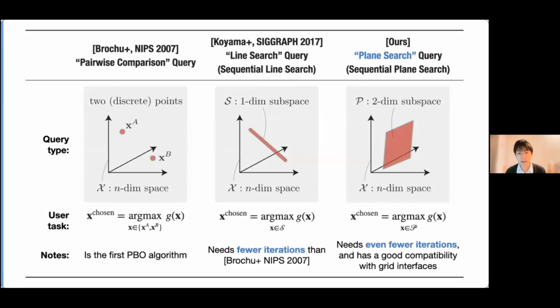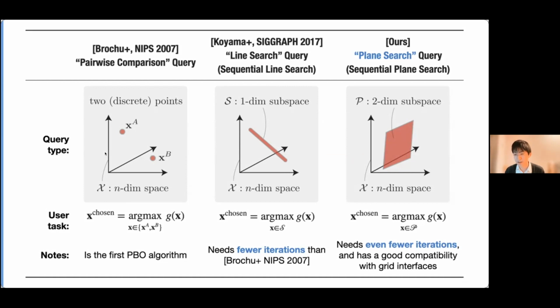In the previous work shown in the center of this slide, we used a slider interface to let evaluators explore a one-dimensional subspace. This was the key to reducing the number of necessary iterations compared to the case of using pairwise comparisons.